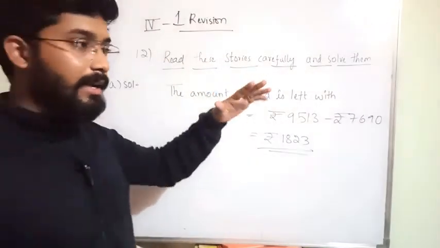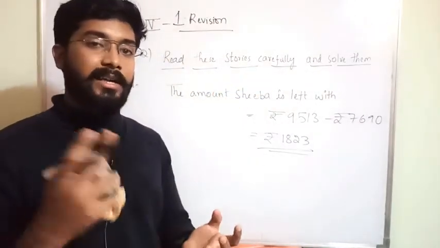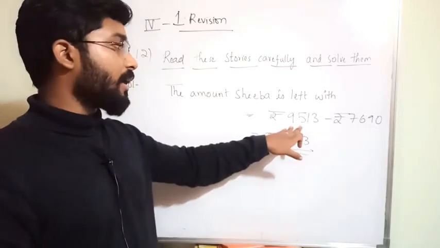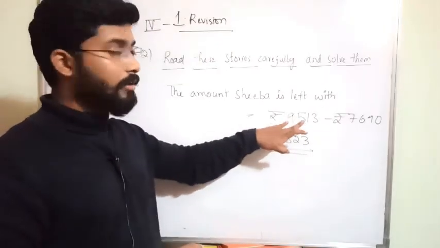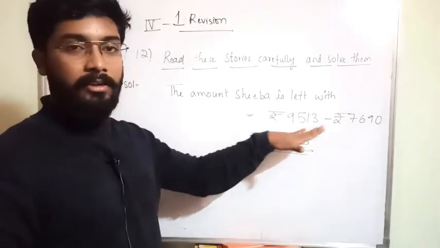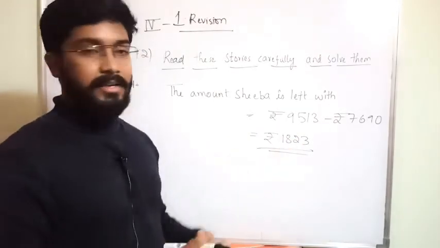Okay, so I added two amounts and subtracted that amount from the total. I got 1823. So how do we find whether this answer is correct or not?